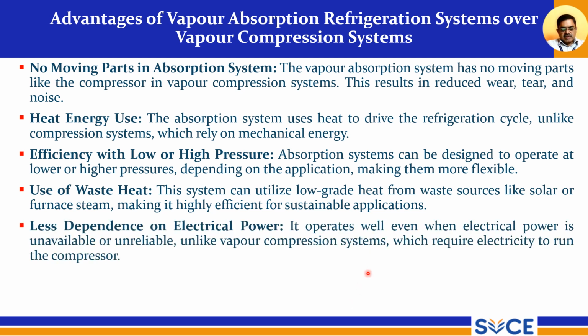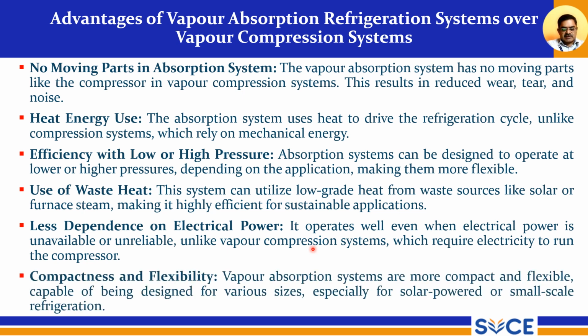Then, less dependence on electrical power. It operates well even when electrical power is unavailable or unreliable, unlike vapor compression systems, which require electricity to run the compressor. So in vapor compression system, we require electricity to run the compressor, whereas here we have less dependency on electricity.